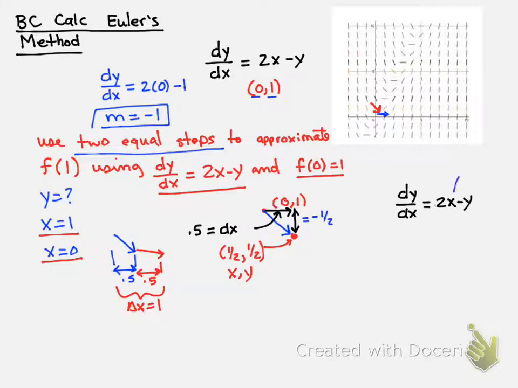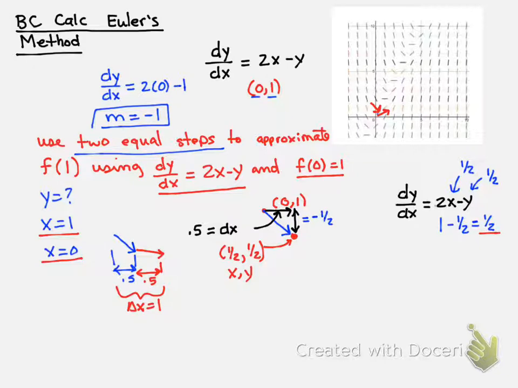So the new x is 1/2, and the new y is 1/2. So 2 times 1/2 is 1, minus 1/2 equals 1/2. So let's clean up my picture a little bit. I've started to come up a little bit. My slope started at negative 1. Well, now I'm at a slope of about 1/2.